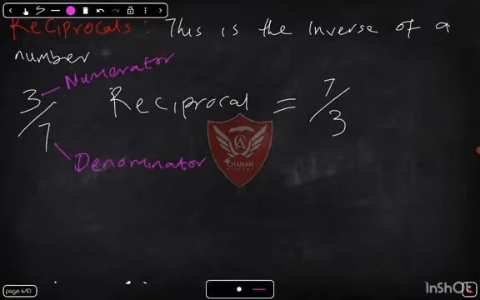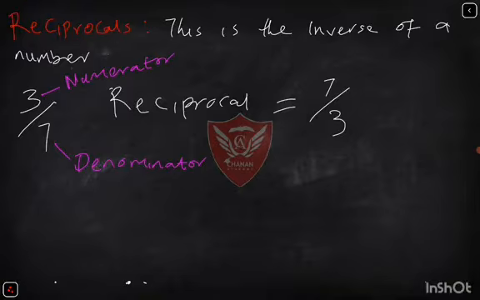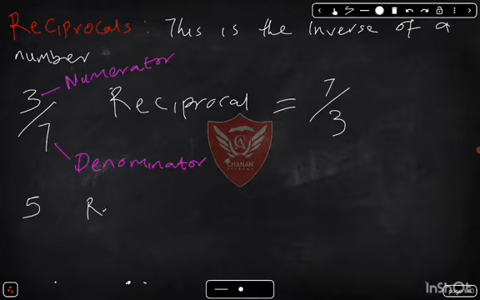So in reciprocal, the numerator becomes the denominator and the denominator becomes the numerator. So if we have a number like 5, the reciprocal of 5 is equal to 1 over 5.